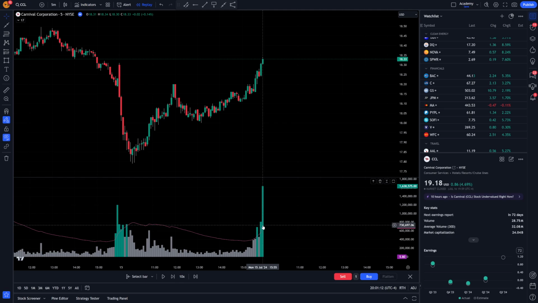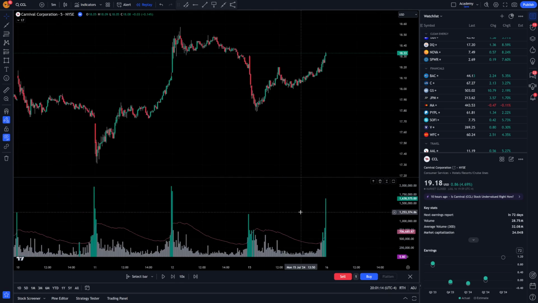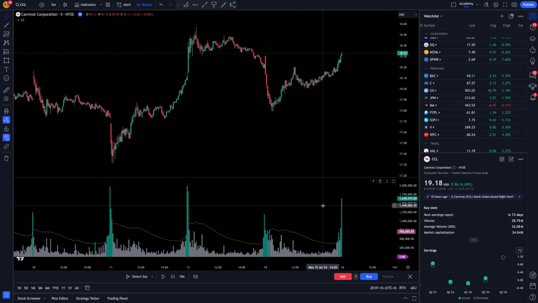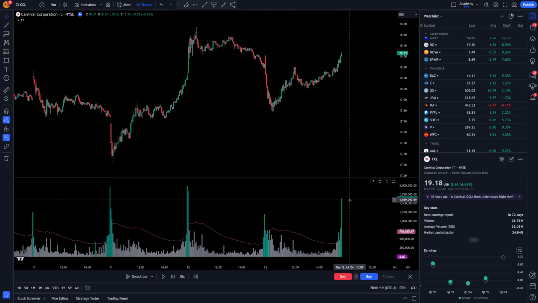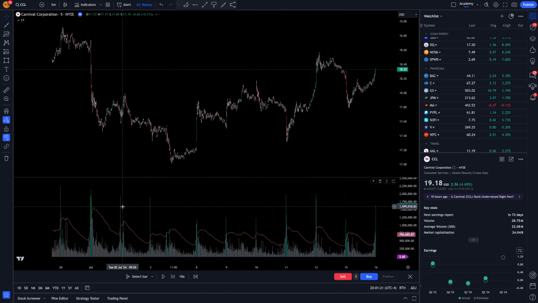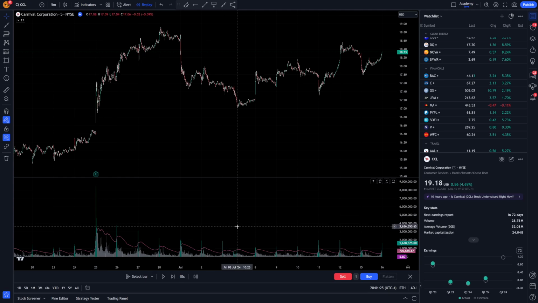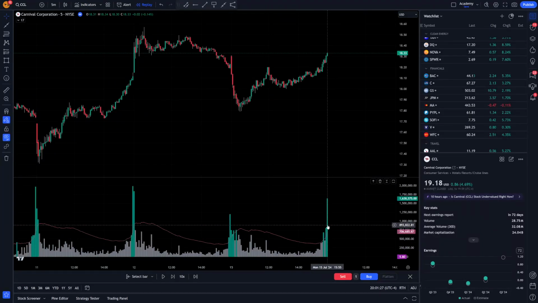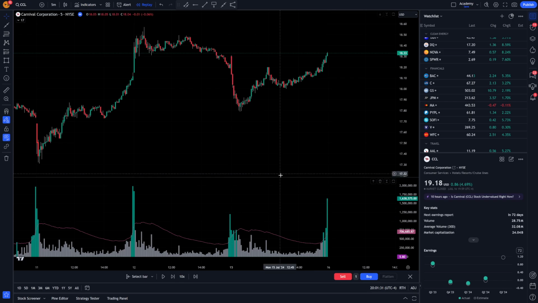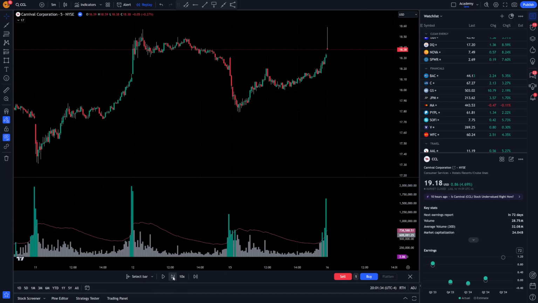We had a huge spike, a huge volume spike. What else we can use this for is to compare the volume relative to the previous days, right? Some days are higher than others. But at the end, when it started going up, that was much higher than the volume when it dumped, which is interesting to me.